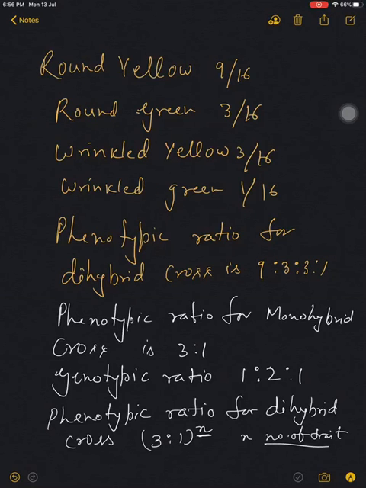If we use single trait, we have to write 1 here. If we use 2 trait, we have to write here 2. So just like that, genotypic ratio, we have to write 1:2:1 raised to power n. So how will we find out?